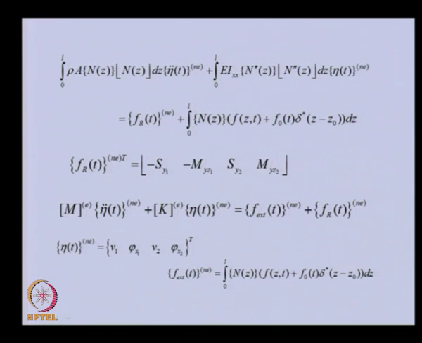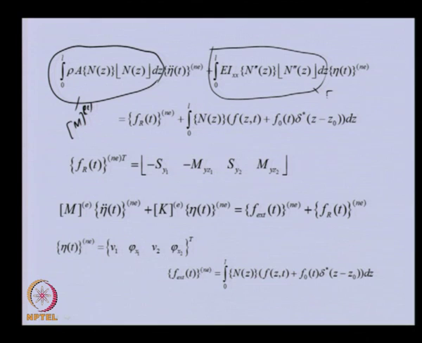Now, we will be representing this term as the mass matrix for the element, and this term as the stiffness matrix for the element, and this is the external force belonging to this particular vector and the reaction force belonging to this.